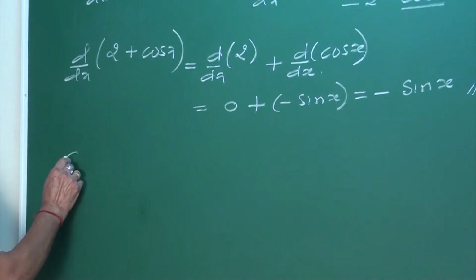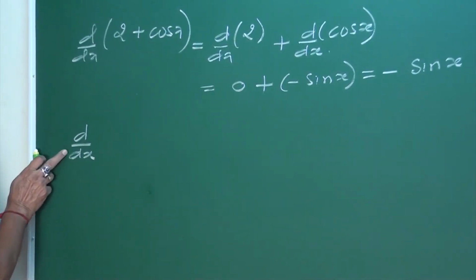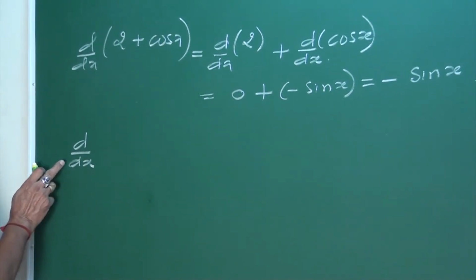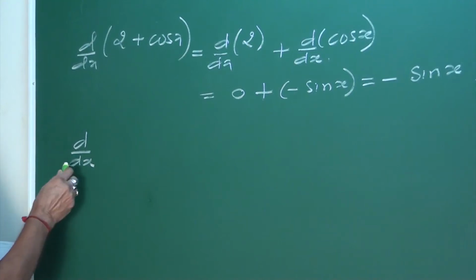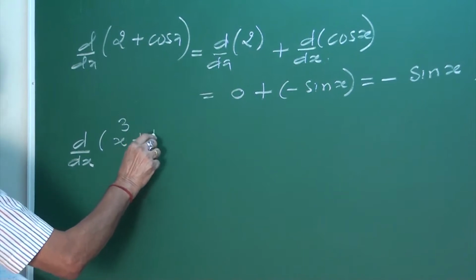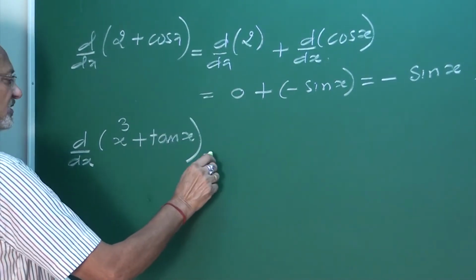Next one. D by dx of, my friends, you would write like this. This d by dx is nothing but a differential operator. D by dx of x cube plus tan x. Yes, correct. Sum is there.